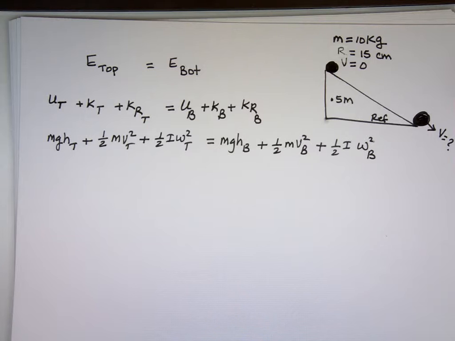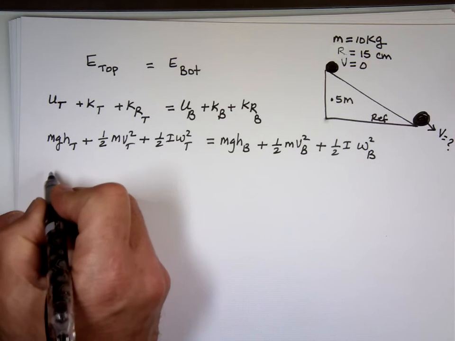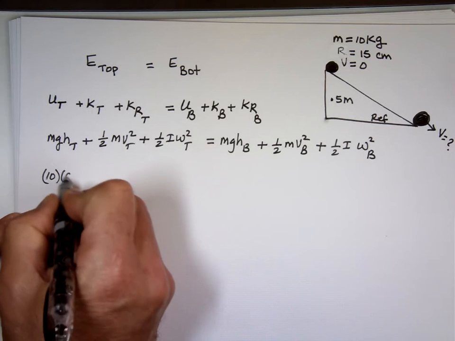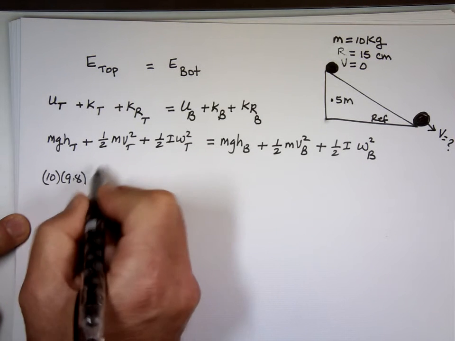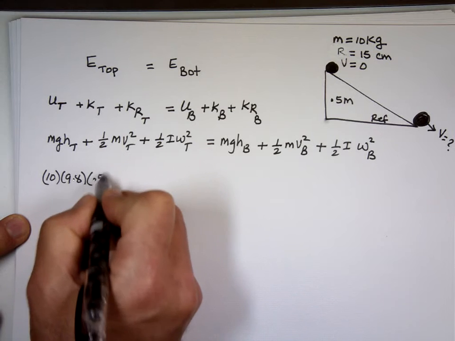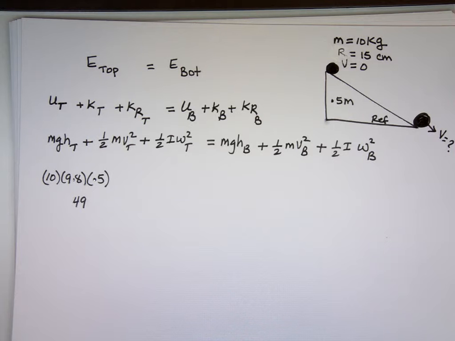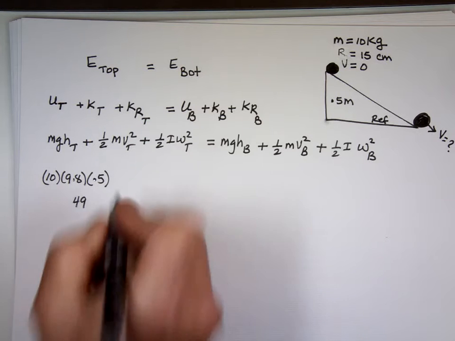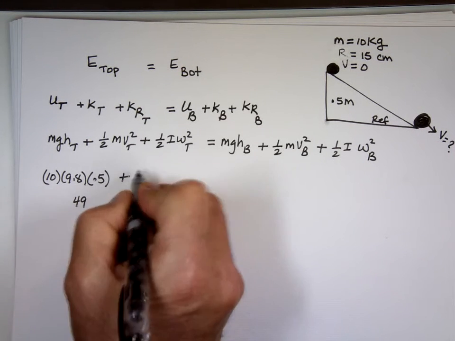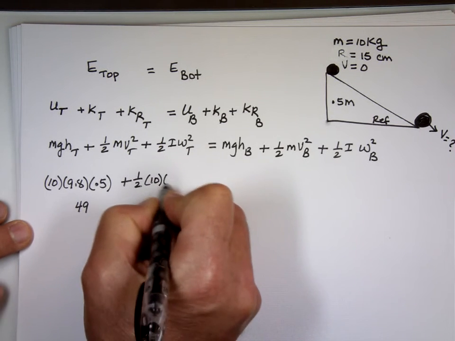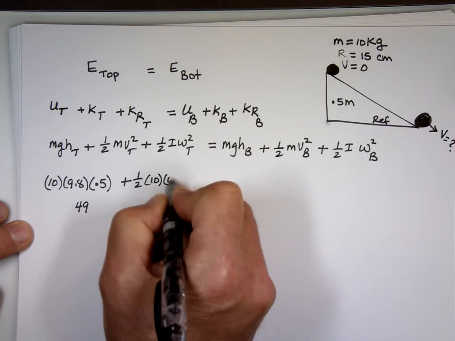And let's fill in the blanks. At the top, the mass is what? 10 kilograms. Gravity is what? 9.8. And the height was what? 0.5. That number happens to be 4.9. Kinetic energy, 1/2 times 10, what was the velocity at the top? 0 squared.